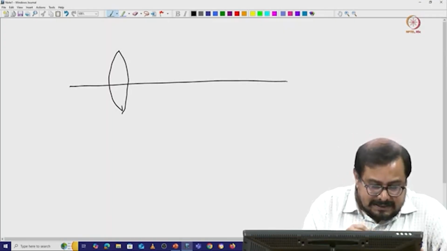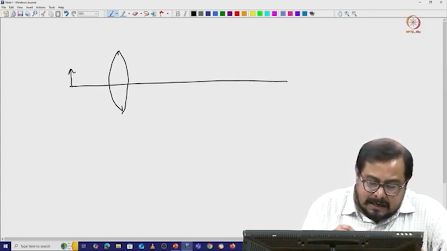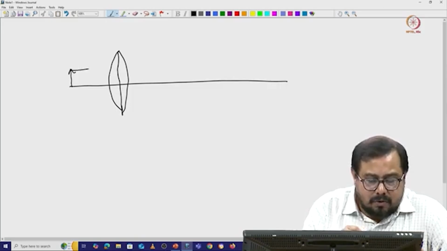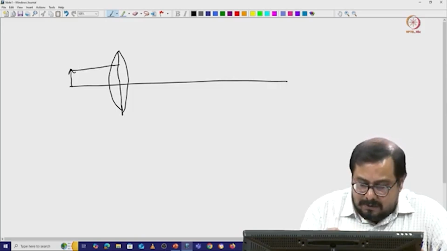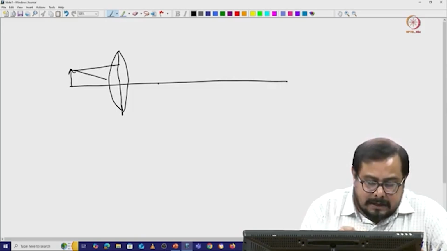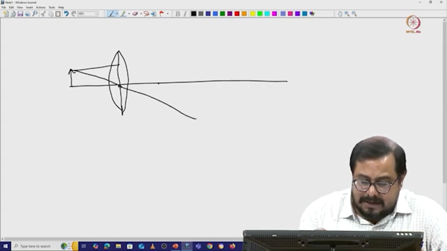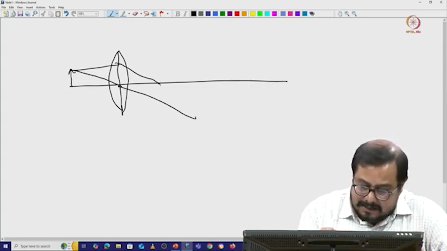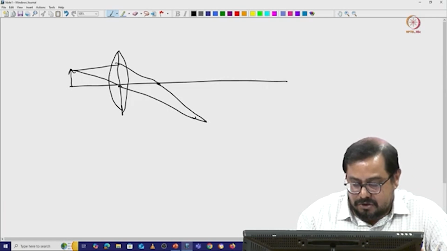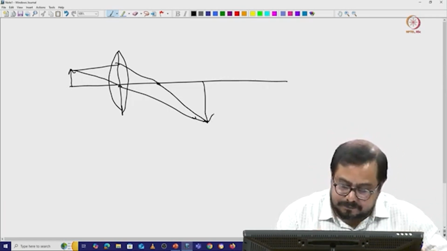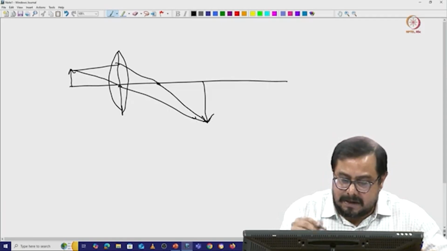This is the axis and this is my object, and rays will go, if this is the focus point, something like that, and then the rest of the rays will merge together, and it will give us an image somewhere here.